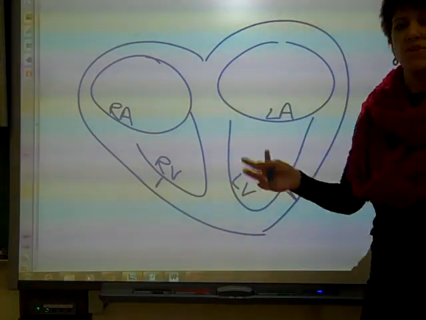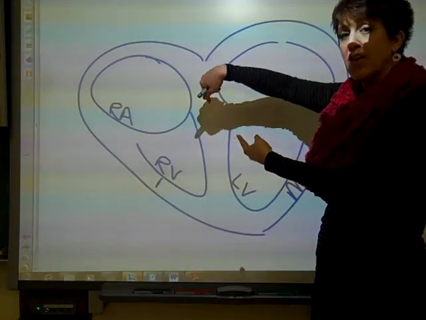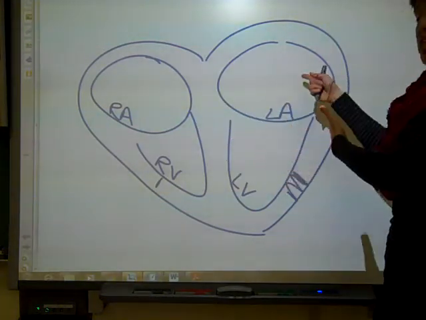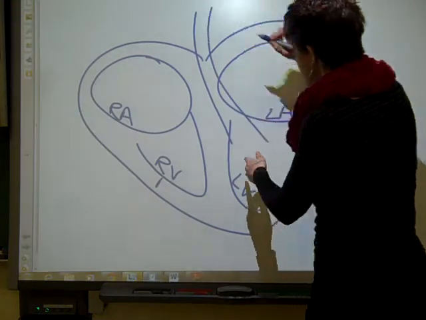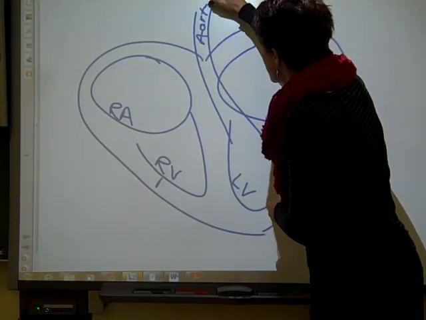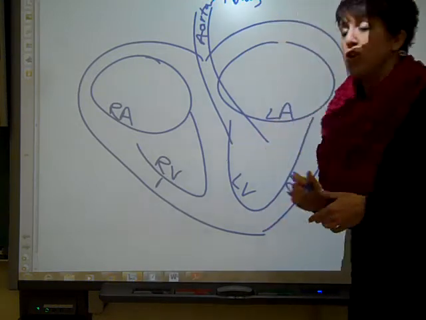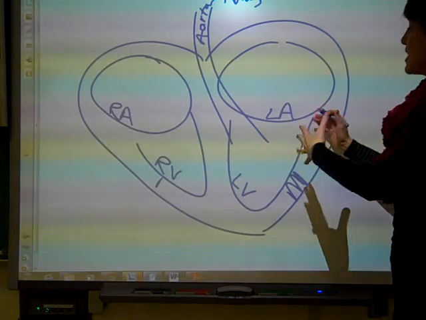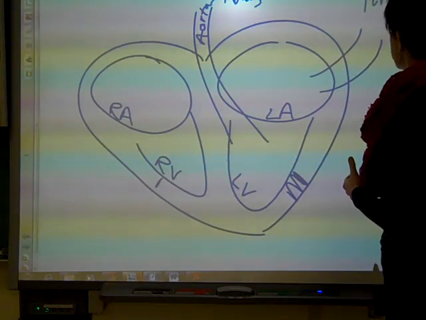It might sound gross, some of you love it. I put my finger right in it. So if you follow your finger down the aorta, you lead to the left ventricle and you'll find the left atrium. So I'm going to make a blood vessel going out of the left ventricle, and I'm going to label that the aorta, and I'm going to draw an arrow and write body. Your blood that comes into the left atrium is coming in from the lungs.